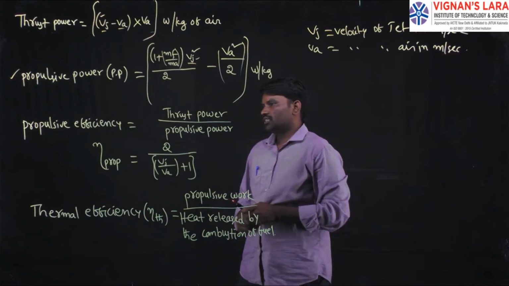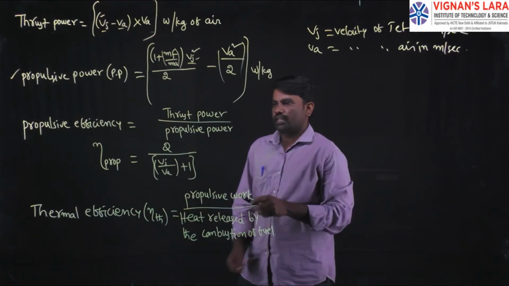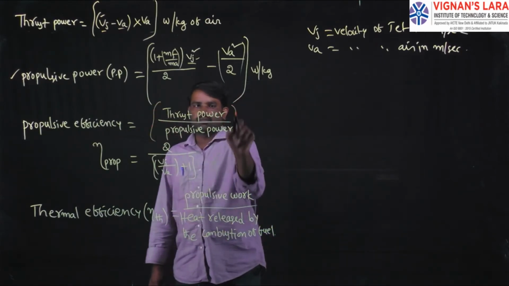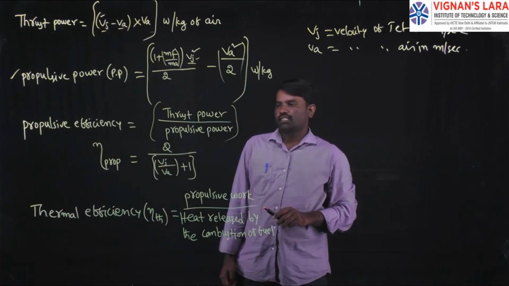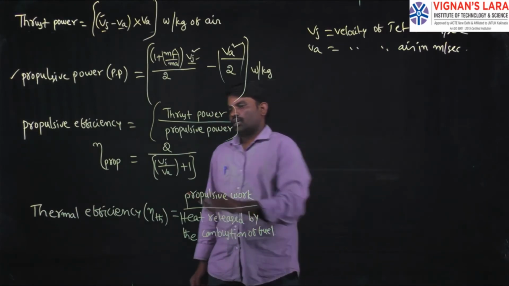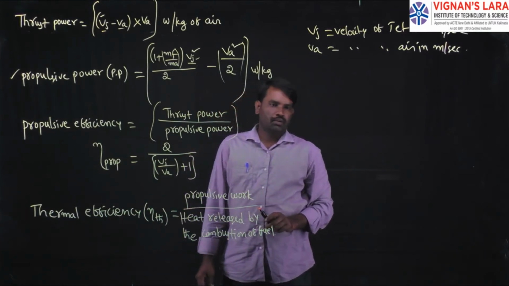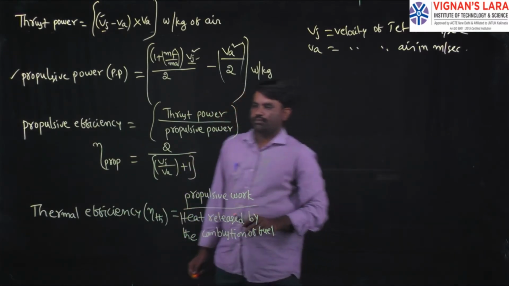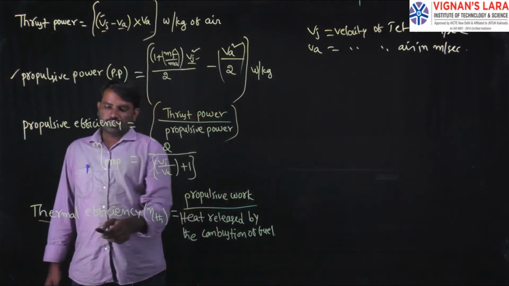Okay, next one is propulsive efficiency. The propulsive efficiency is the ratio of thrust power to the propulsive power. That will give the propulsive efficiency: 2 divided by (Vj/Va + 1).